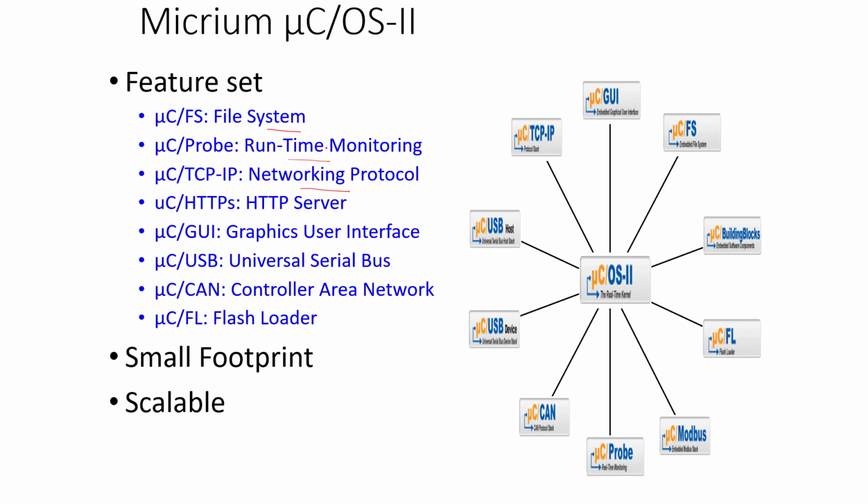But nonetheless, this is what the entire system can be made to support: networking, HTTP, graphical user interfaces, USB devices, the controller area network, which is mainly for automotives. So they use the controller area network in their system, and a flash loader. They have a small footprint, and this OS is quite scalable, in the sense it can also scale to a large number of devices all working together.